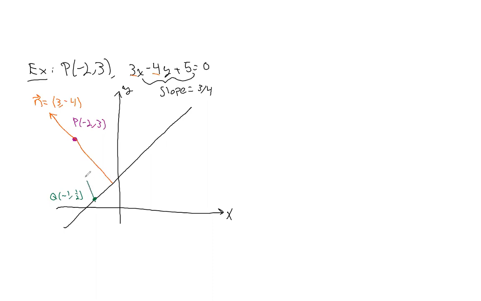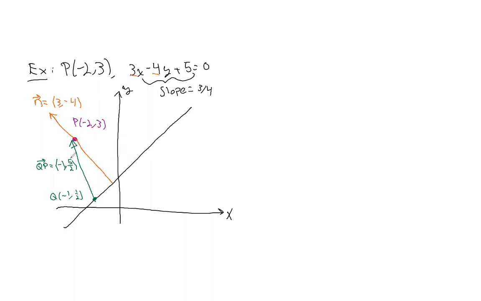So that gives us this vector, which I'm calling QP. QP, in this case, is going to come out to (-1, 5/2), right? -2 plus 1, 3 minus 1/2.